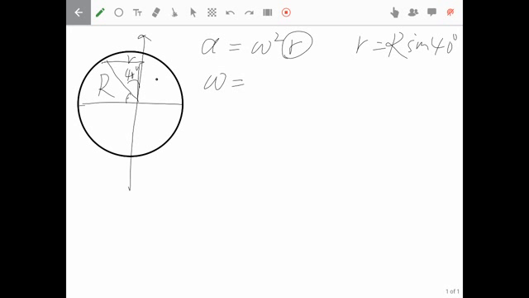The period for the Earth for its own rotation is 1 day, right? So 24 hours for 360 degrees. But for angular speed we have to use radians, so we use 2 pi over 24 hours, but we have to convert to seconds.